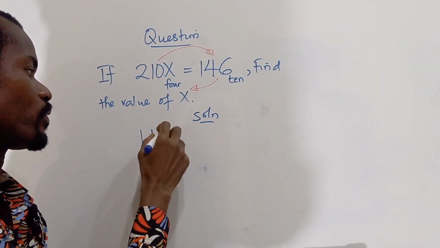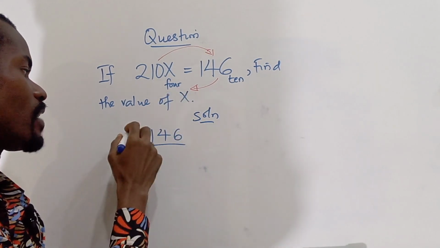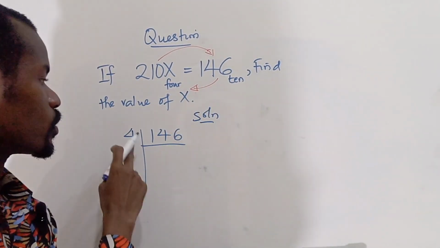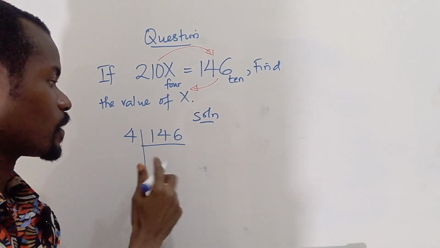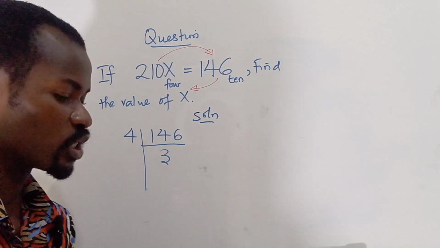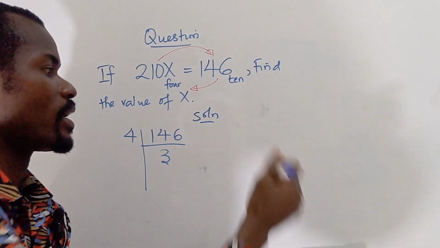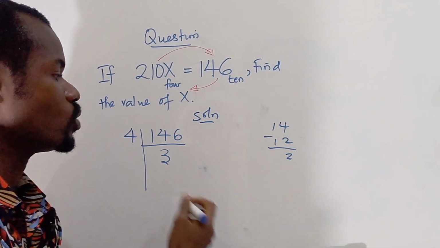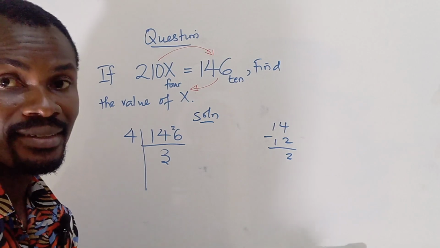So we have 146. We are going to divide this by 4 because we want to convert this to base 4. So 4 into 14 is 3 times, which is 12. Okay, so we have 14 minus 12, which is going to give us 2. So I have this as 26.